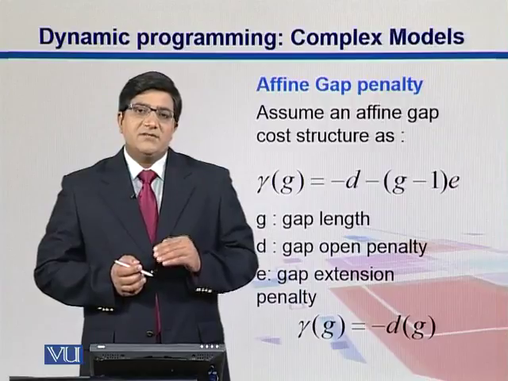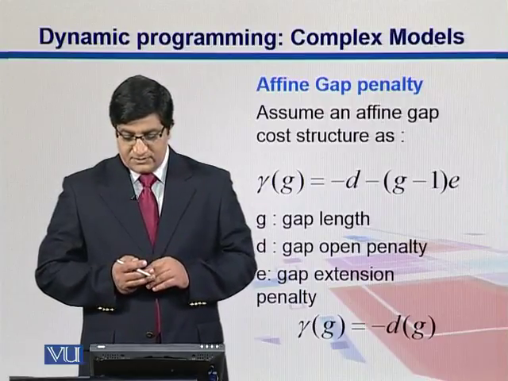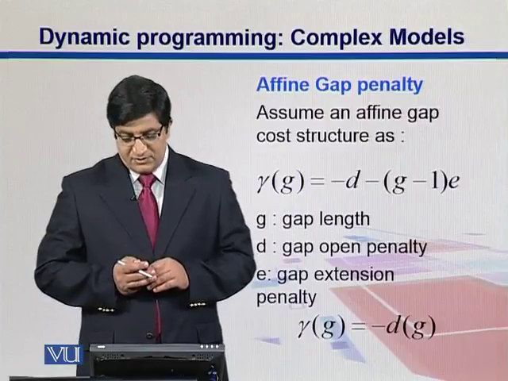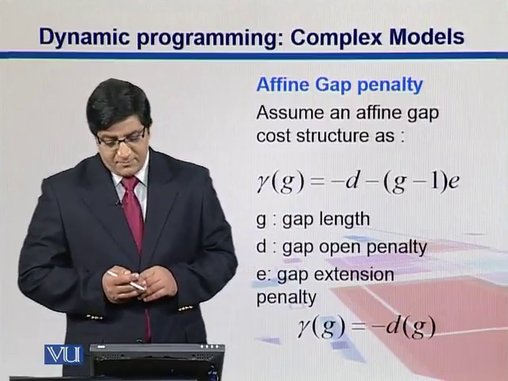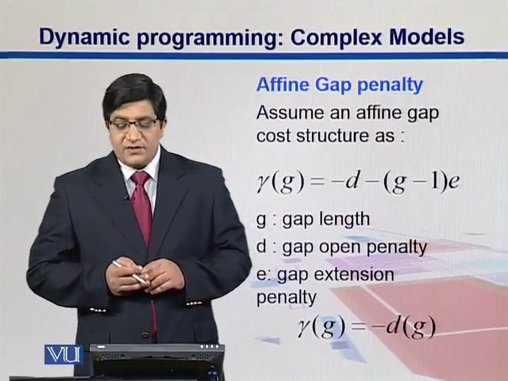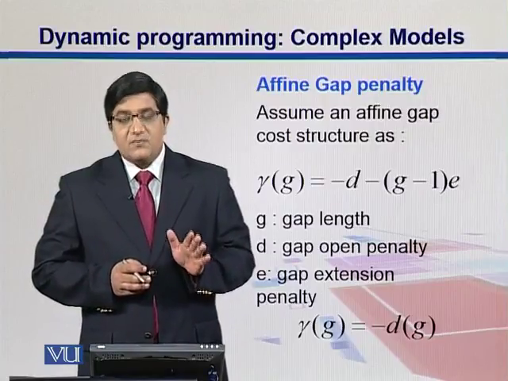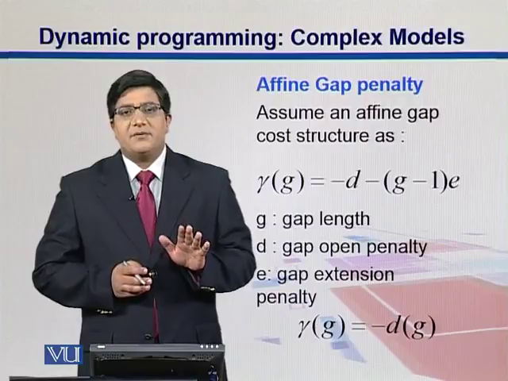So once we start the gap, there is a gap open penalty, minus d, minus (g minus 1) times e. So g is actually the length of that gap, and d in this equation is the gap open penalty, and e is the extension penalty. So we have (g minus 1) into e in this example. For the first gap, we will have the big penalty.